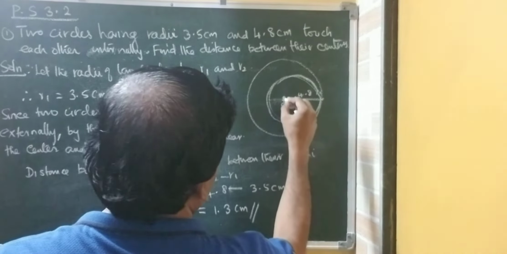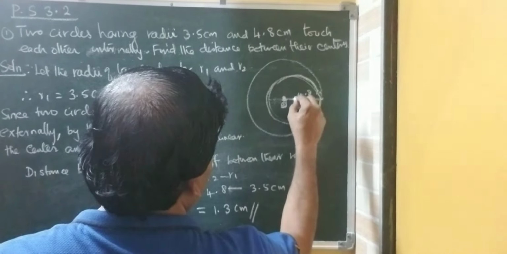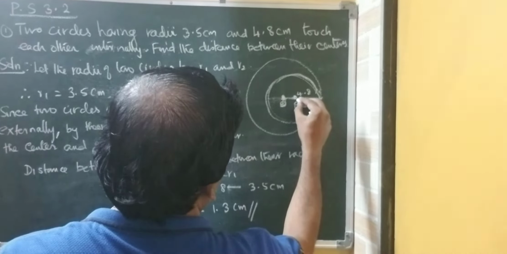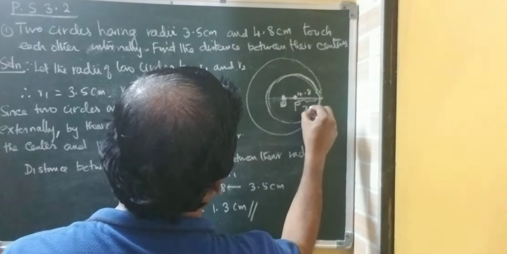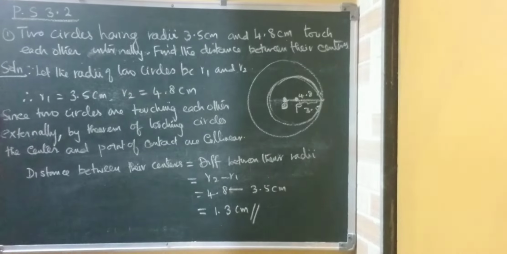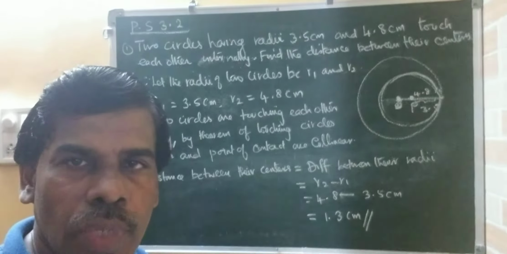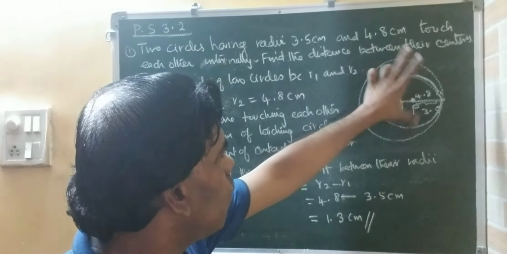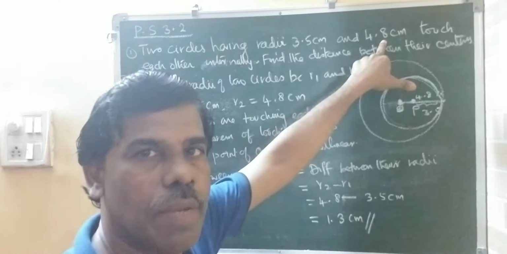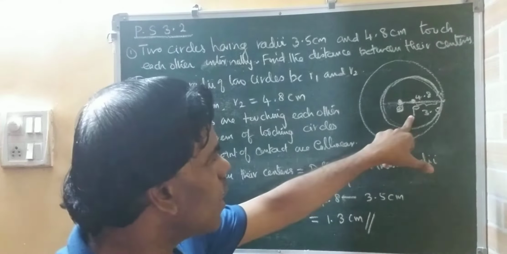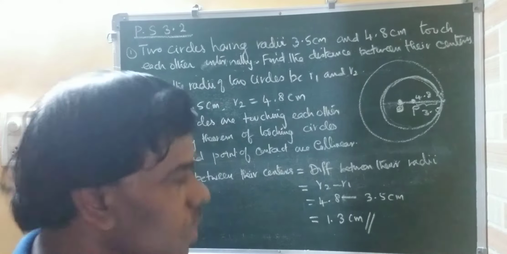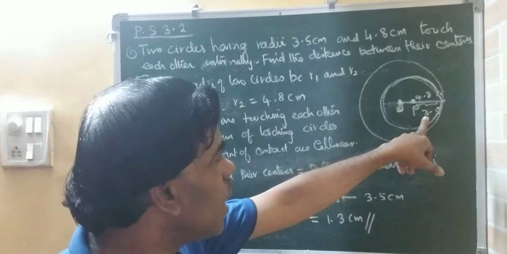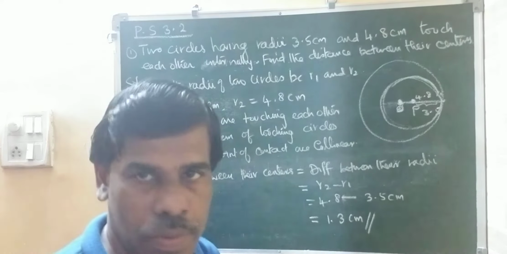O is the center of the bigger circle, P is the center of the smaller circle. So, what is the radius of the smaller circle? 3.5. Now, listen very carefully, there is a bigger circle. What is the radius? 4.8 centimeter. The smaller circle inside that has radius 3.5 centimeter.